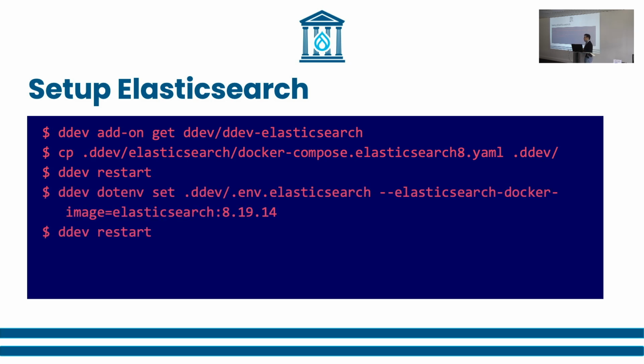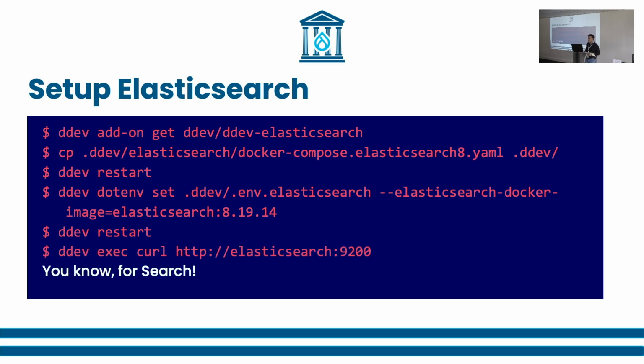The major version that we will use today for Elasticsearch is going to be 8.19.14. So we are also changing the version manually here using ddev to force this version. And finally, you run a curl command, so you can see that the Elasticsearch server is working in the ddev container.